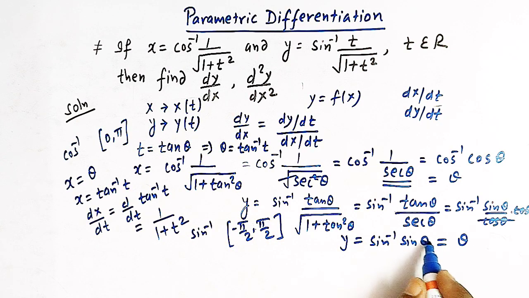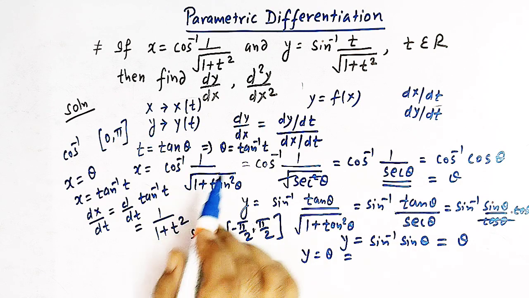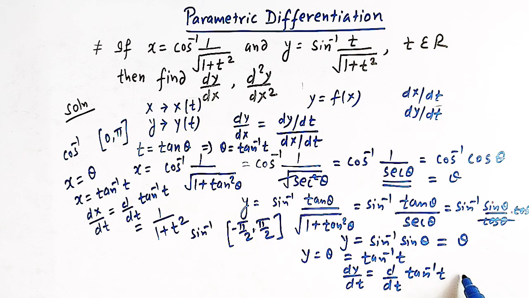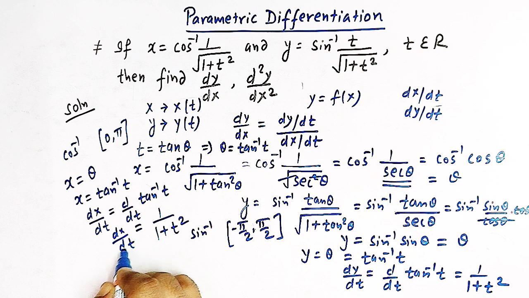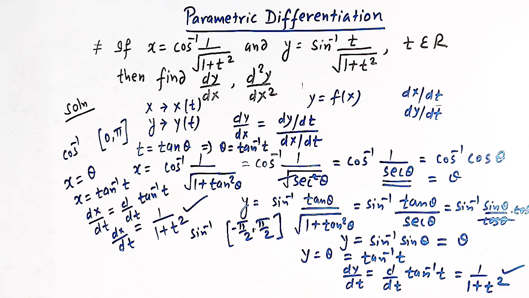So y is equal to theta, and theta is equal to tan inverse of t. Now dy over dt is equal to the derivative of tan inverse t, that is 1 over 1 plus t square. So we have obtained dx over dt as 1 over 1 plus t square, and dy over dt as 1 over 1 plus t square.